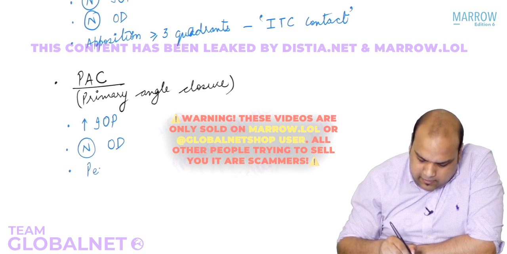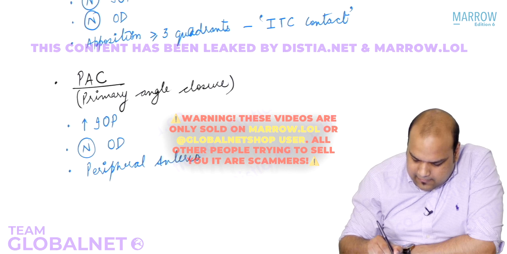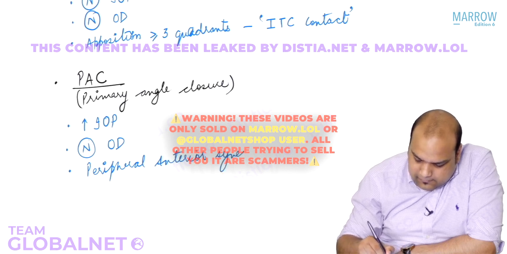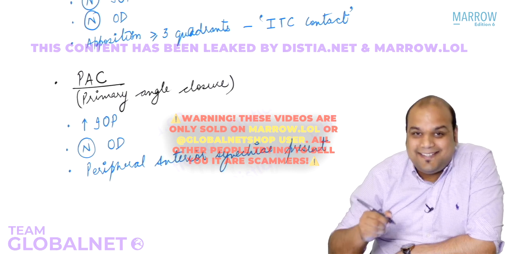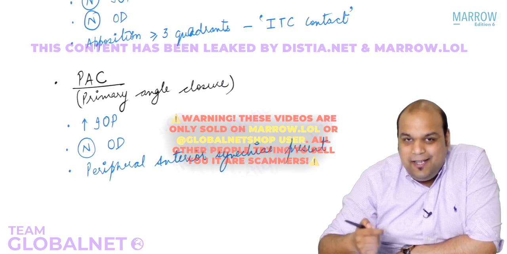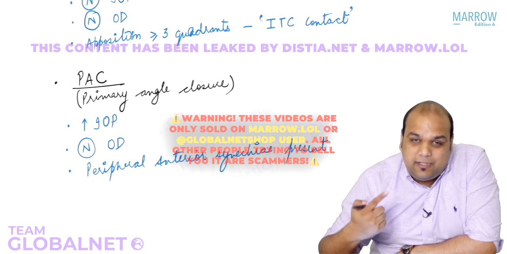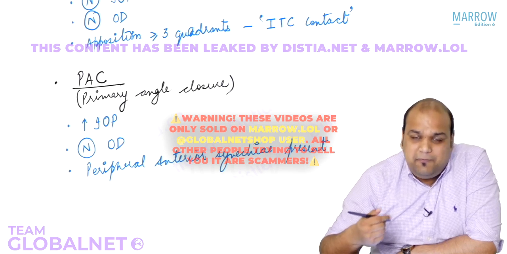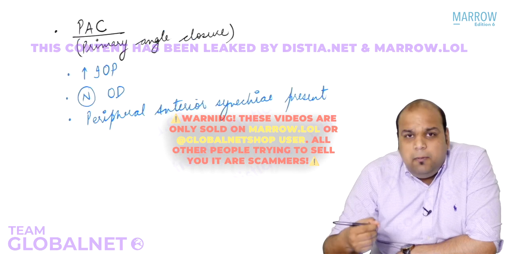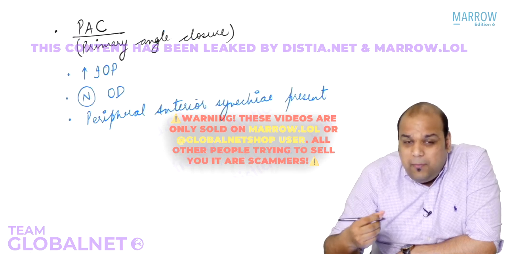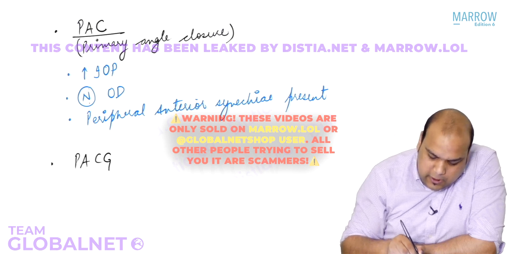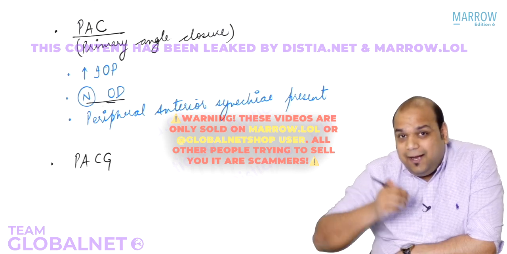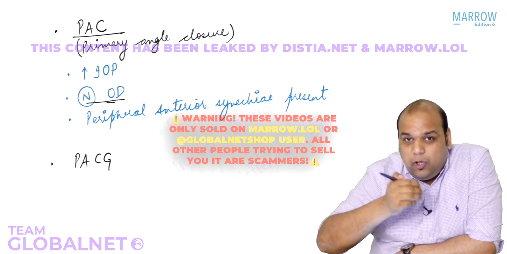Now there would have developed, everybody, peripheral anterior synechiae. So the touch has changed to adhesion. You understand the mechanism, that there was touch, now touch has changed to adhesion. But we are still not calling it glaucoma because the optic disc has remained normal. Unless there are optic disc changes, I cannot call the stage glaucoma.